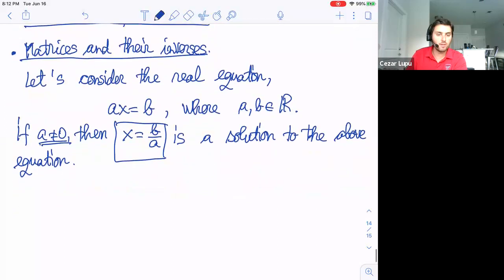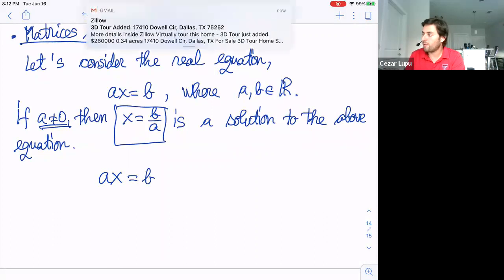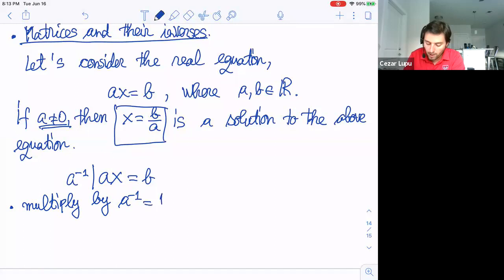But let me write it in a different language. Let me take again, AX equals B. So now, provided that A is different than 0, I can multiply by A inverse to the left. So first step, multiply by A inverse, which in our case is 1 over A, to the left.